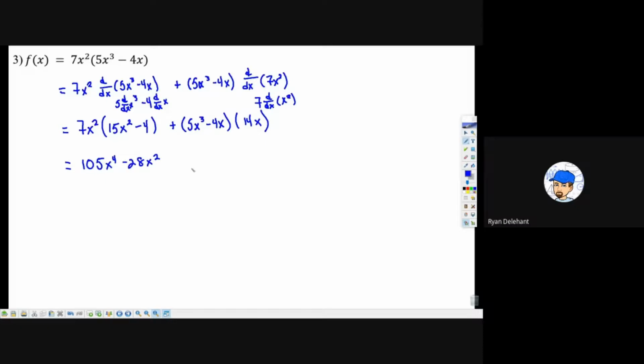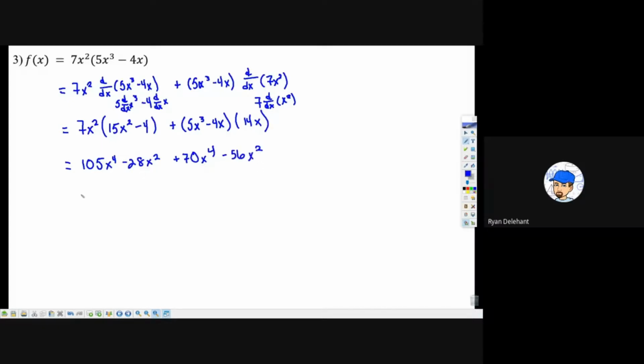So we get 5 times 14, which is going to give us 70. So that's going to be plus 70, and that's x to the 1st times x to the 3rd. So that's going to give us an x to the 4th. And then 14 times 4 is 56, and it's going to be negative, and we're going to have x squared.